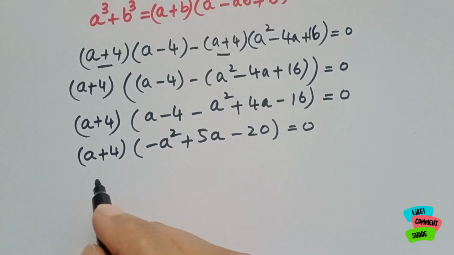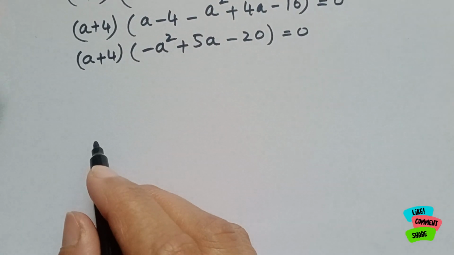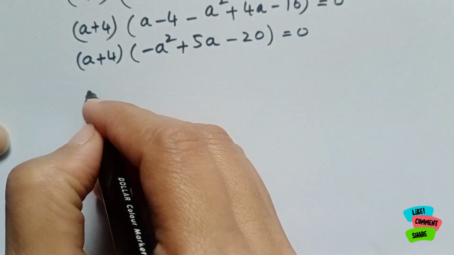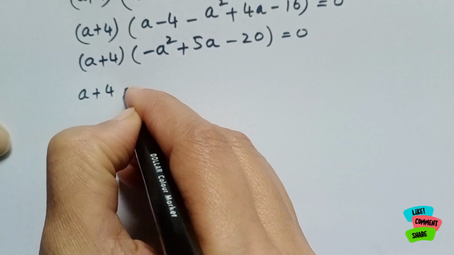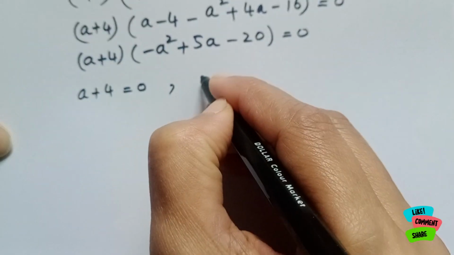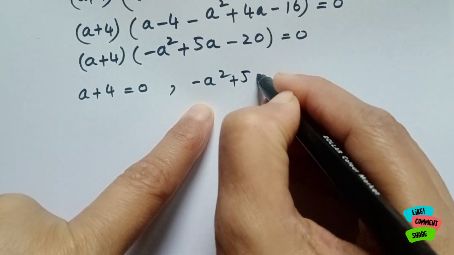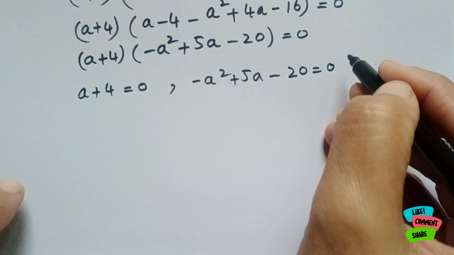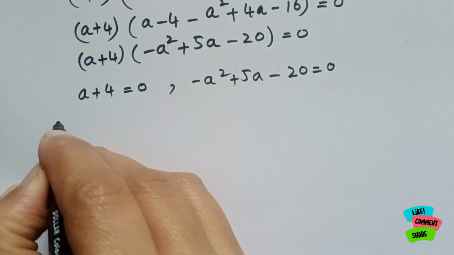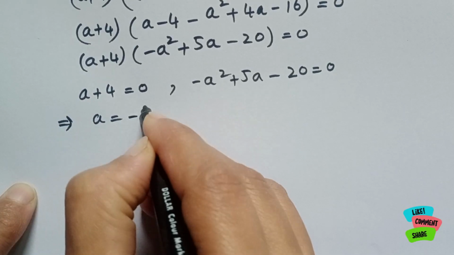Now in our next step we can write a plus 4 is equal to 0, or minus a square plus 5a minus 20 is equal to 0. So from here it implies that a is equal to minus 4.